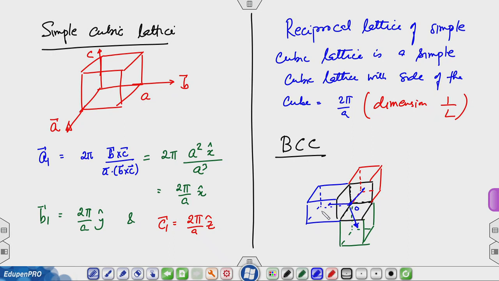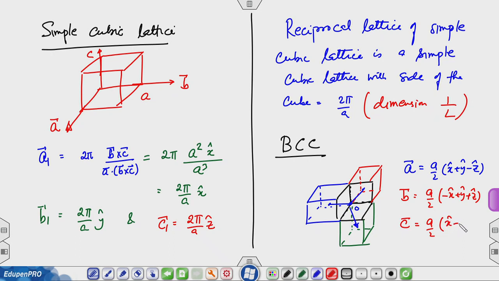This is from a lecture last week, and A is equal to A by 2 x plus y minus z. B is equal to A by 2 minus x plus y plus z, and C is equal to A by 2 x minus y plus z.